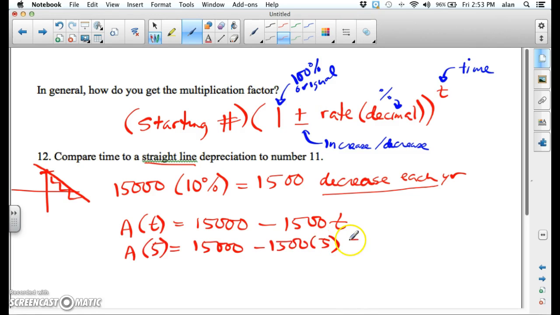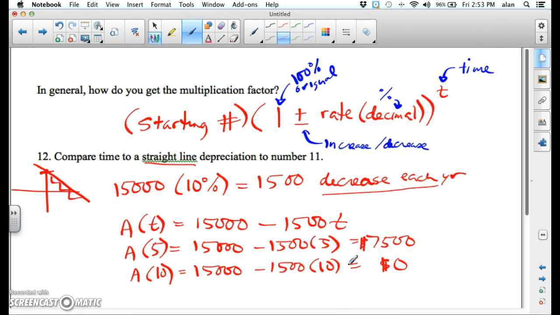That amount gives us $7,500. And in 10 years, 15,000 minus 1,500 times 10 would end up giving us $0. Okay, so straight line depreciation means basically your car will be worthless after 10 years.